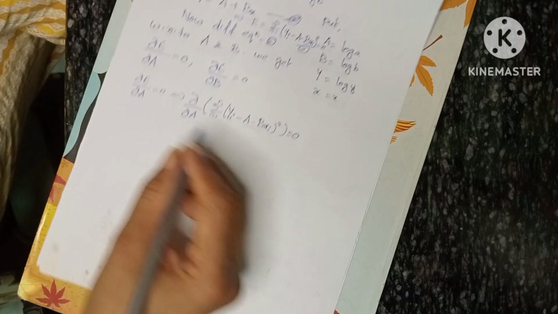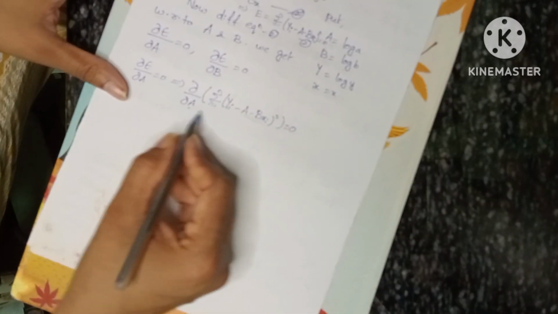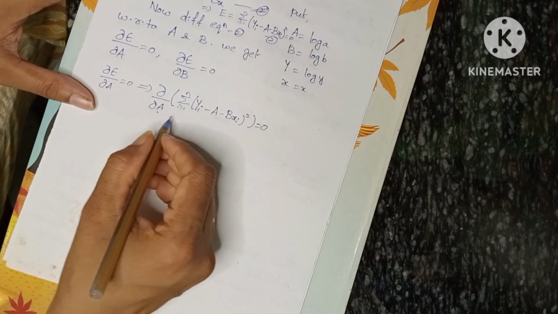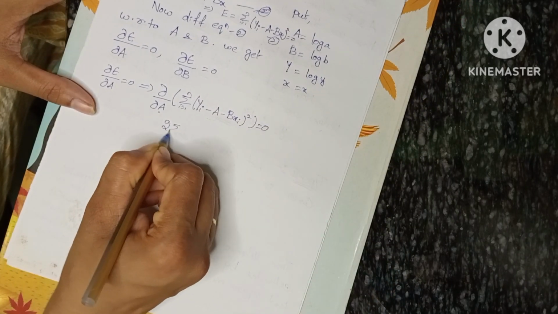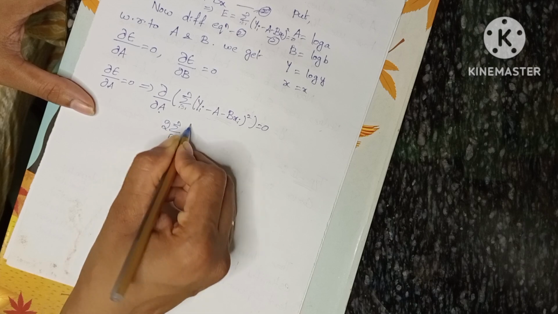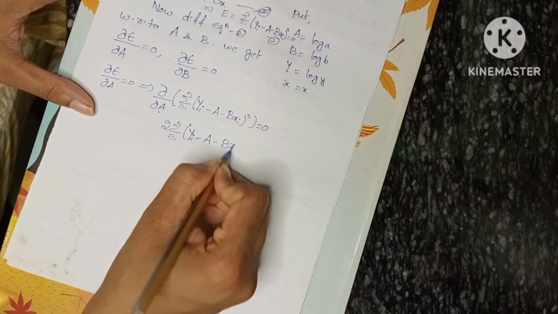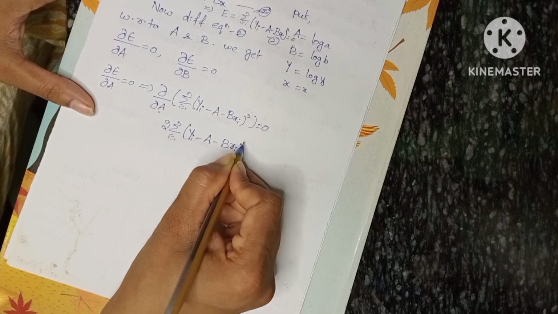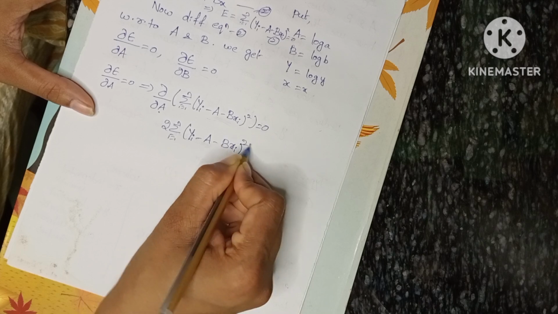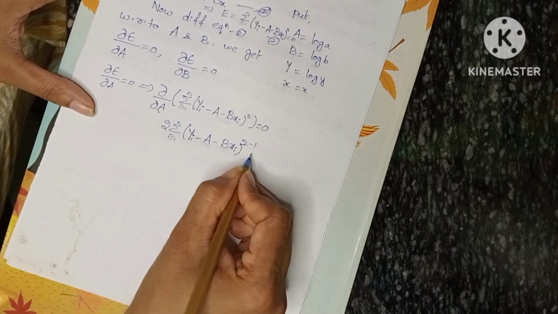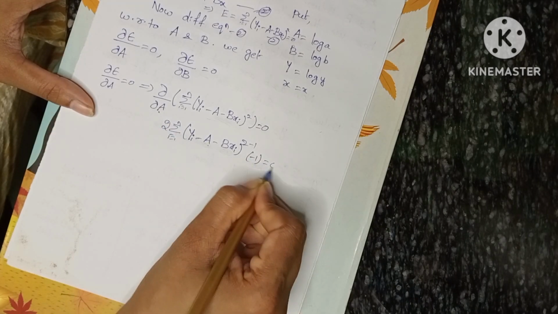Okay. So with respect to a, this is in the form of x square, as we discussed before. So 2 into summation i = 1 to n of (yi − a − b xi) to the power of 2 − 1, with respect to a, the coefficient is minus 1, equals 0.